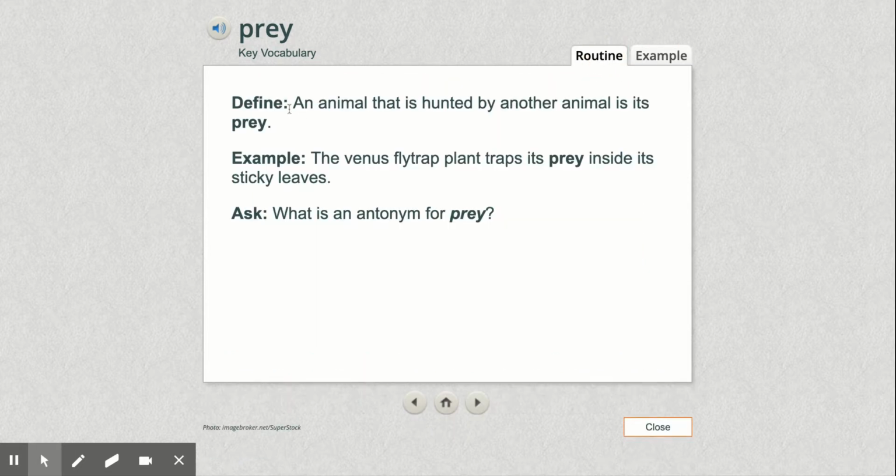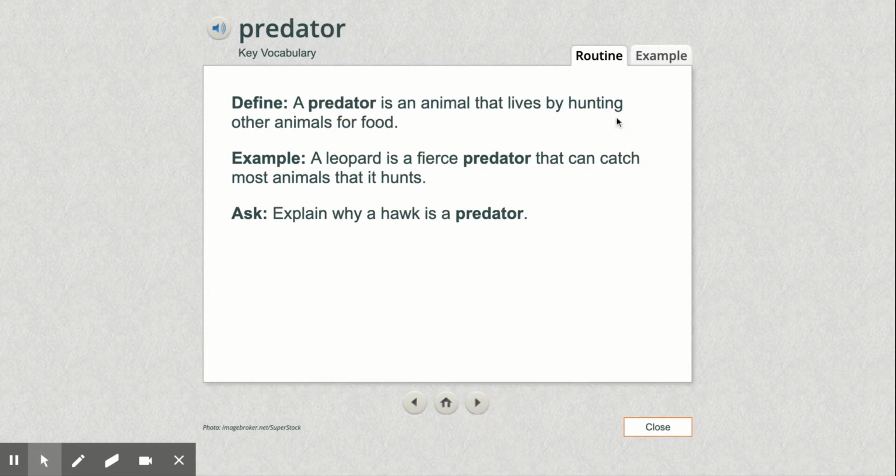So the actual definition is an animal that is hunted by another animal is its prey. For example, the Venus flytrap plant traps its prey inside its sticky leaves. If we had to talk about the antonym for prey, antonym is the opposite, you would be talking about predator, which is another one of our vocab words.